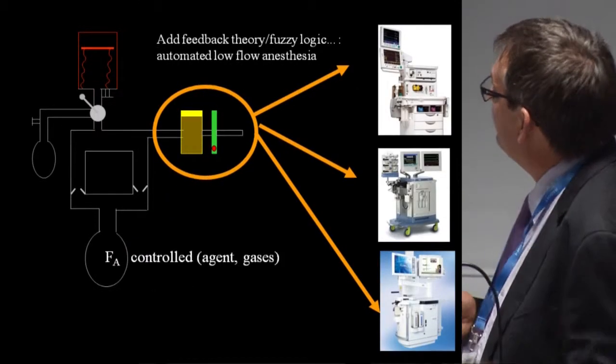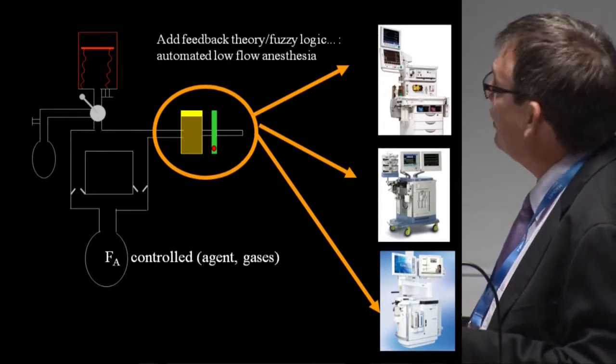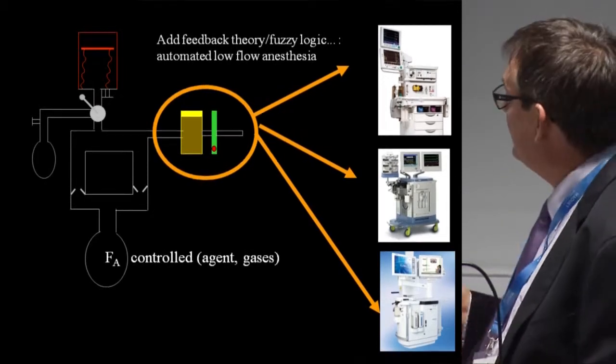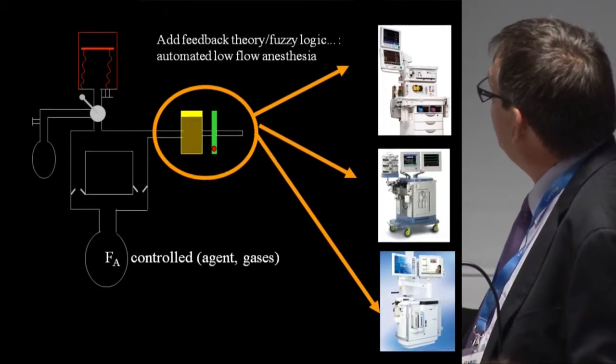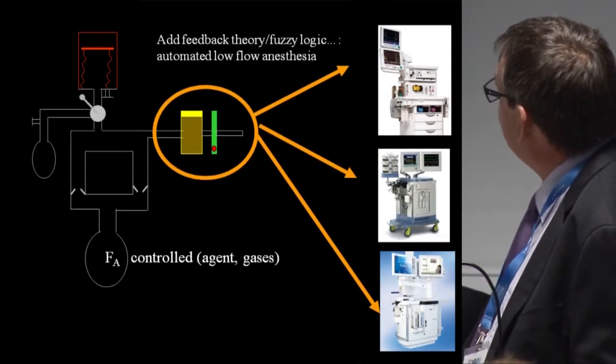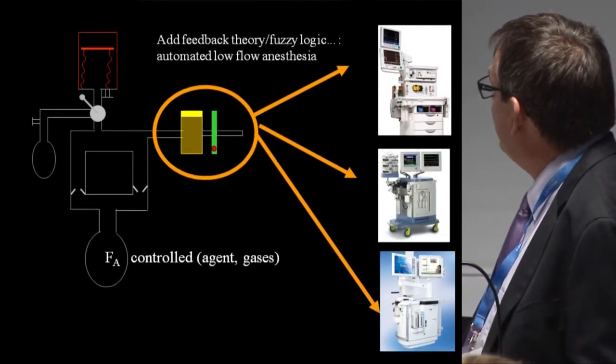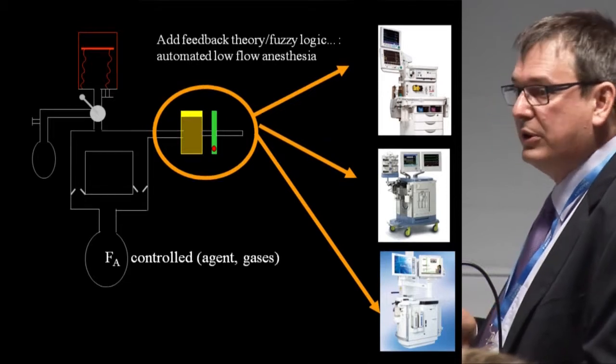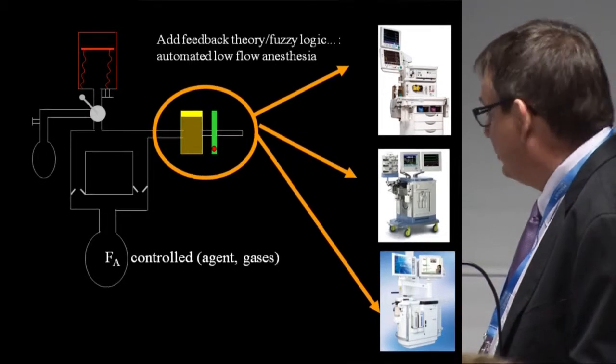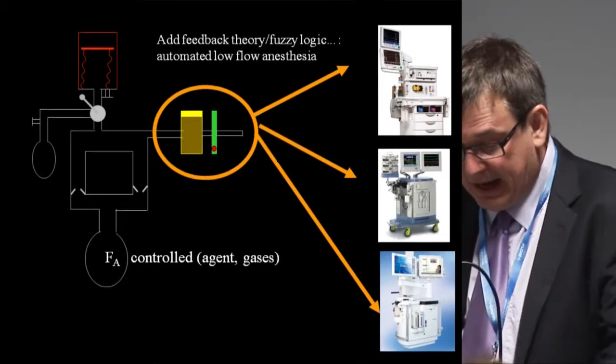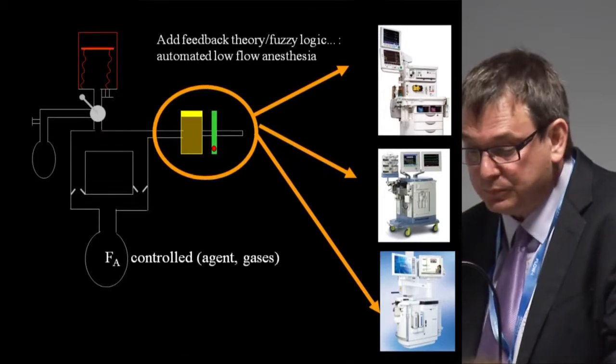Add to this feedback theory, fuzzy logic, and you get automated low-flow anesthesia. So technology, again, has evolved. We have the ACES end-tidal control, the Zeus end-tidal control, the FlowY that will become end-tidal controlled, and something's cooking at Heinen and Löwenstein as well. So the machines will actually control the carrier gas and agent administration to get to the desired end-tidal concentration.